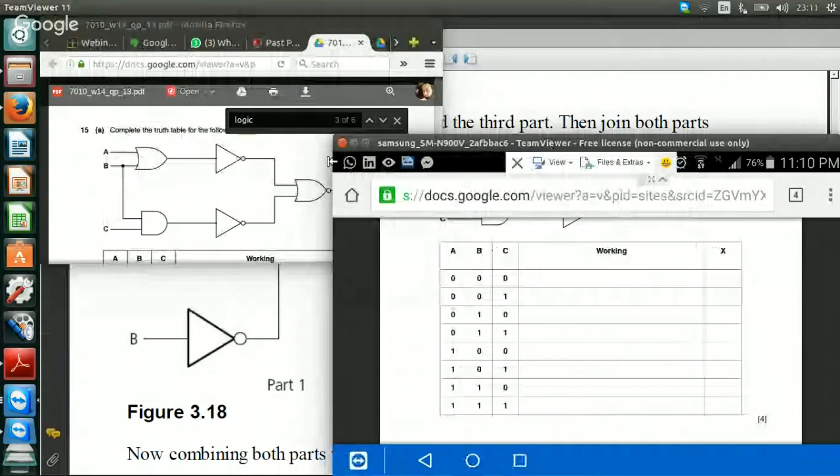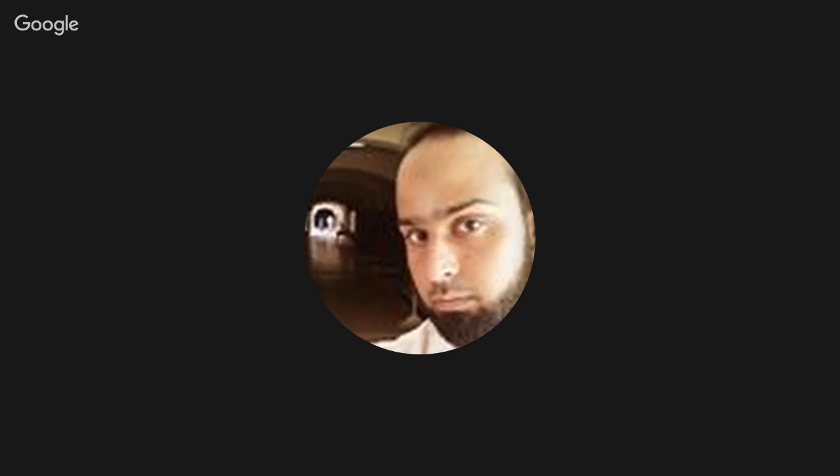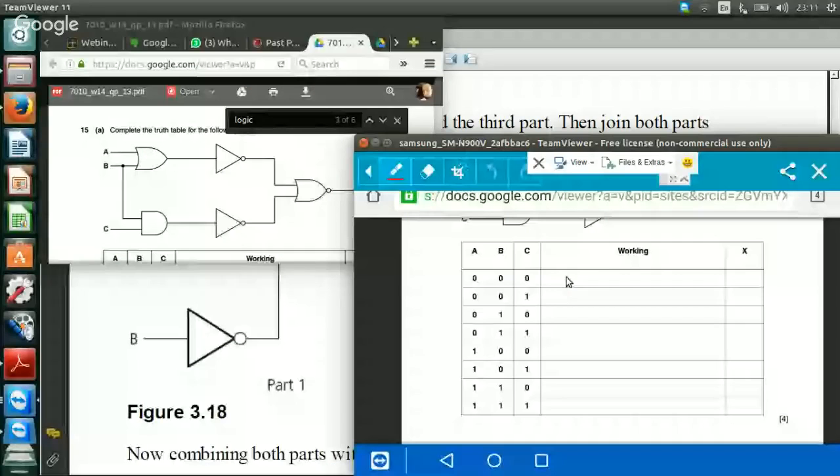And what we need to do is also show the working, how people are going to actually solve the question in your final examination. This whole thing will be given to you: the circuit and the truth table.